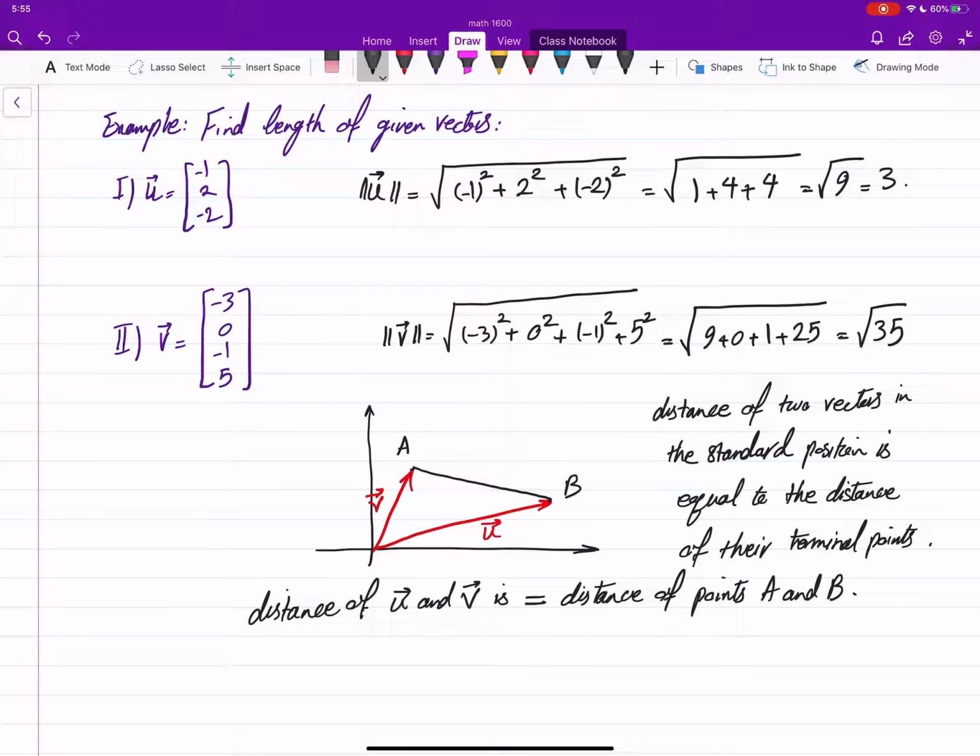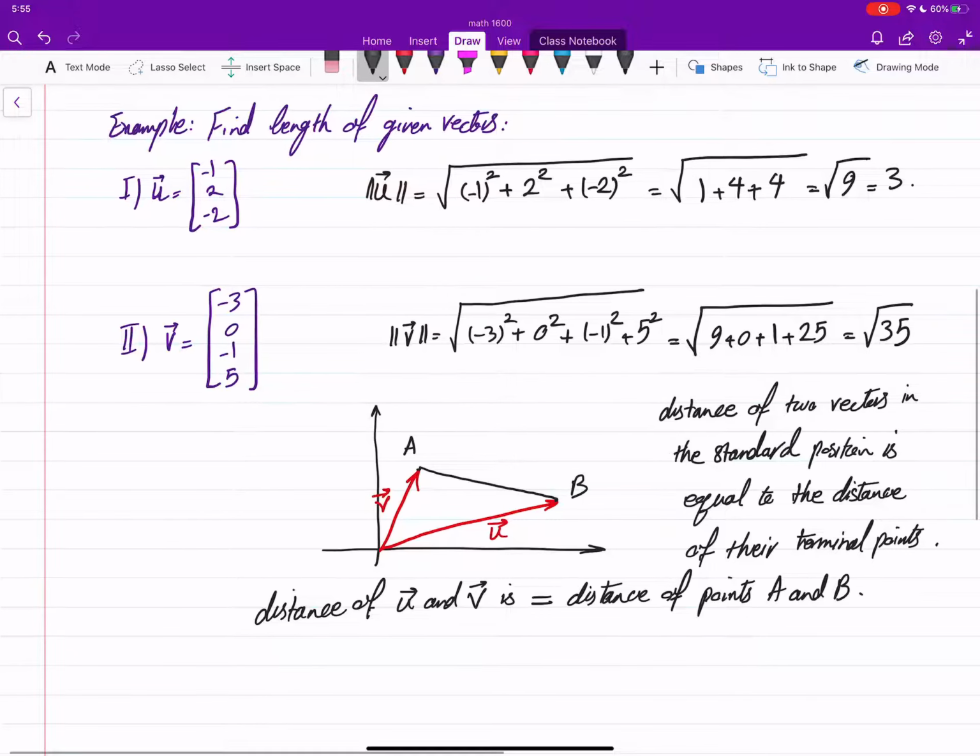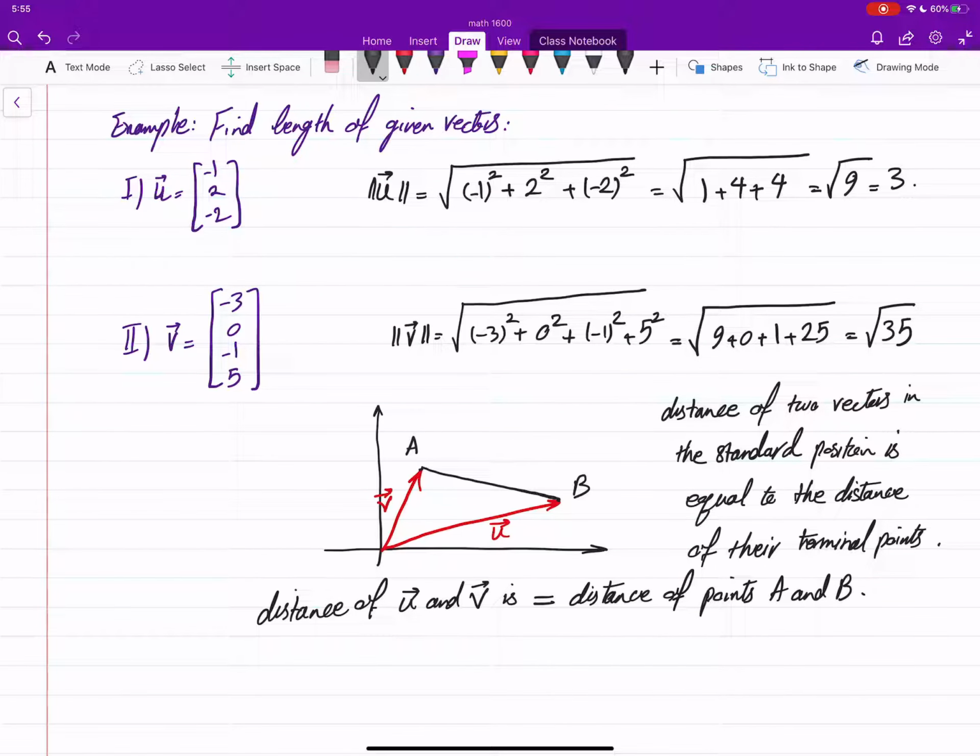Then we have some way to formulate this length, or the distance of the points A and B. Remember that vector u minus v is that side of that vector, where the direction goes from this side to that side.